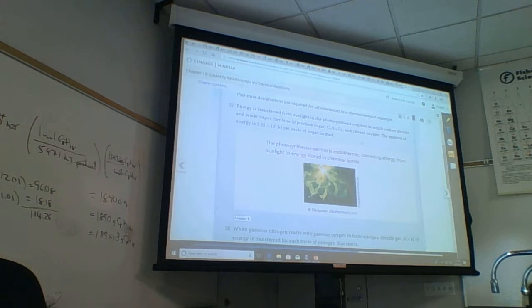So this is a photosynthesis reaction here. CO2 is gas, C6H12O6 is a solid, just sugar. And one more product is formed. Plants produce oxygen gas.